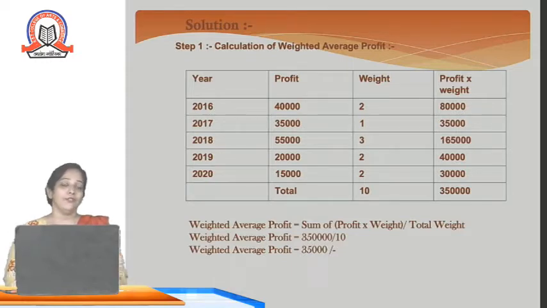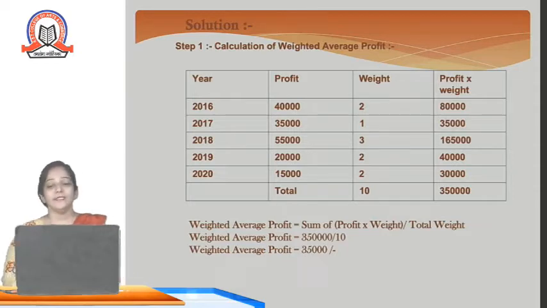The column which we have to add is profit multiplied by weight. That means 40,000 multiplied by 2 comes to 80,000, and simultaneously we will do the calculation. Here we have to make a total of profit into weight, and of weights. So the weighted average profit will be 3,50,000 divided by the total weight, that is 10. So the average profit will be 35,000.